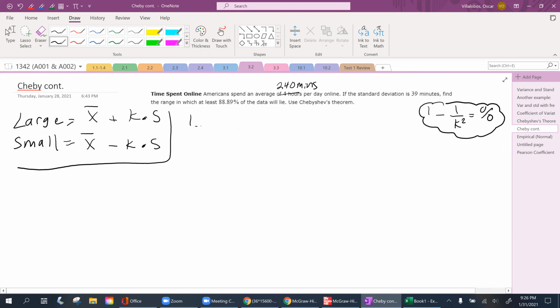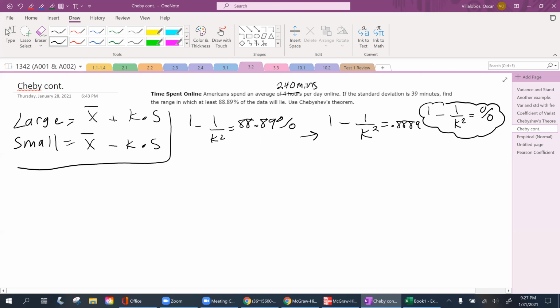That's going to be 1 minus 1 over k squared is equal to 88.89%. But one thing we had mentioned before was that I don't want to handle numbers whenever they're in percentage. So to get rid of the percentage, you would divide by 100. So this is 1 minus 1 over k squared is equal to 0.8889.